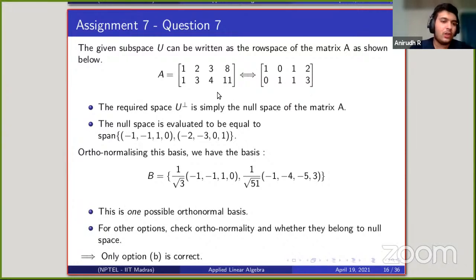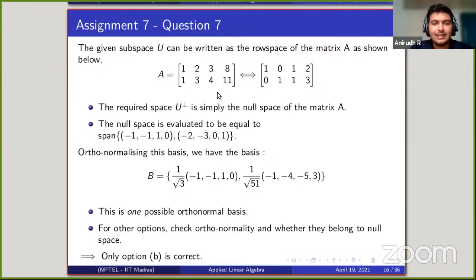But we should note that the subspace U can have many bases, and as it has many bases, it can also have many orthonormal bases. So we need to check that the other options given in the question are not orthonormal bases of U perp. If they were, then A times those vectors should give the 0 vector.